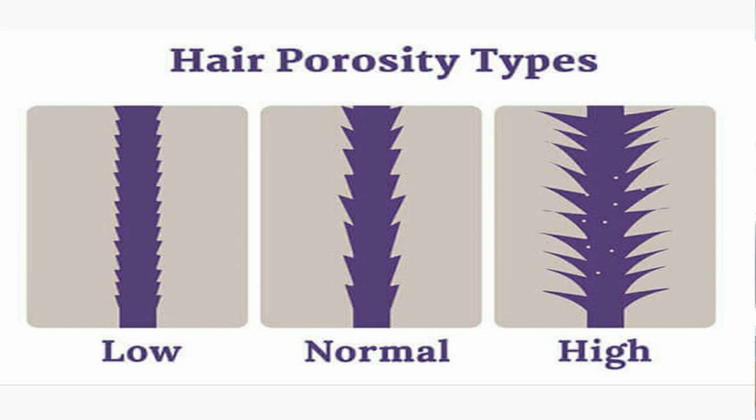That's your low porosity level. In the center you have medium, where the cuticles are a bit more raised than on the low level, and on the extreme end you have high porosity level.